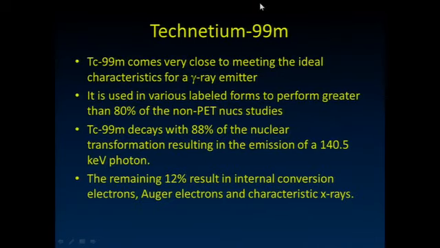Technetium 99m as a radionuclide comes really close to some of the properties that we talked about. And that's why you see it used in various labeled forms to perform greater than 80% of the non-PET nuclear studies. It decays with 88% of its nuclear transformation resulting in the emission of a 140 keV, about 140.5, 141 keV photon, which is great, right?